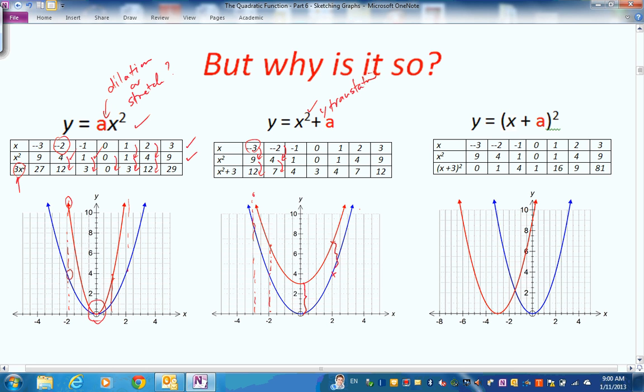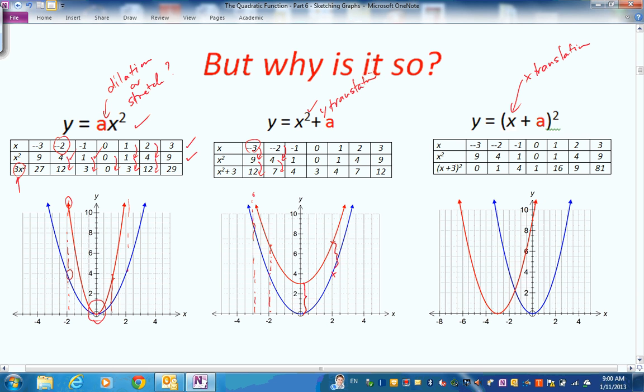It is a vertical or y translation. Okay, what about this one down here? This always puzzles students. x plus a squared, and why does it move in the opposite direction to the sign of a? Okay, this is an x translation or horizontal translation, produced by this change, x plus a.